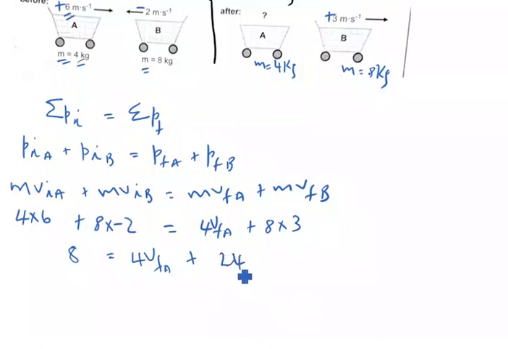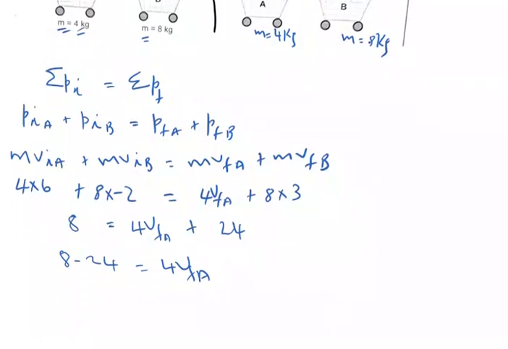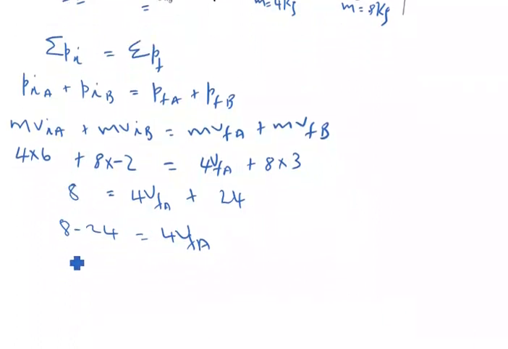Then you transpose, we have 8 minus 24, which is equal to 4 VFA. So 8 minus 24 supposed to be minus 16, which is equal to 4 VFA.